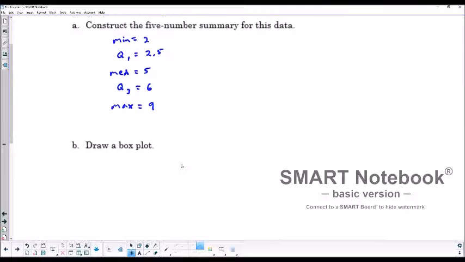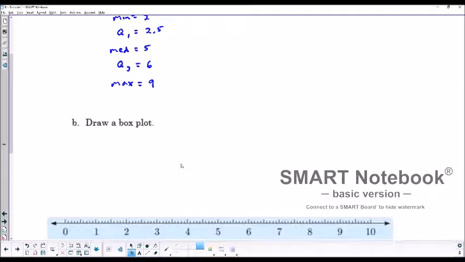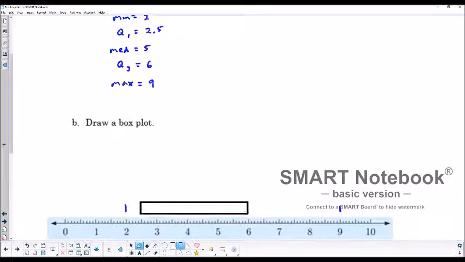We want to draw the box plot. So we want to have the minimum at 2, the maximum at 9, and we want to draw a box here. So let's see if I can draw this. And Q1 is at 2.5, and Q3 is going to be at 6.